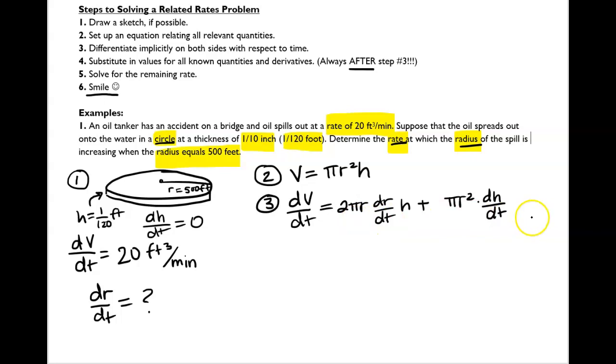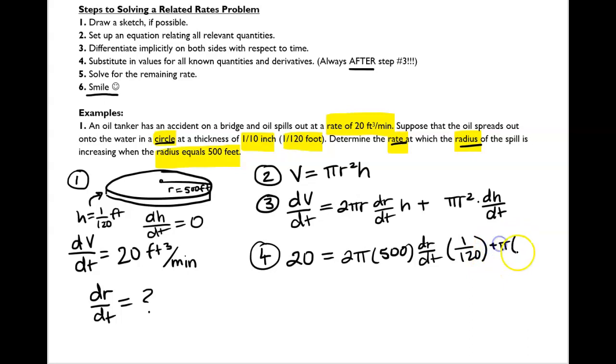Now, after I've taken the derivative, and only after I've taken the derivative, I'll go ahead and evaluate with what I know. So I know the dV/dt is 20. That was given to me. I know my radius is 500 at this moment. dr/dt is what I'm trying to figure out. I know my height is 1/120.